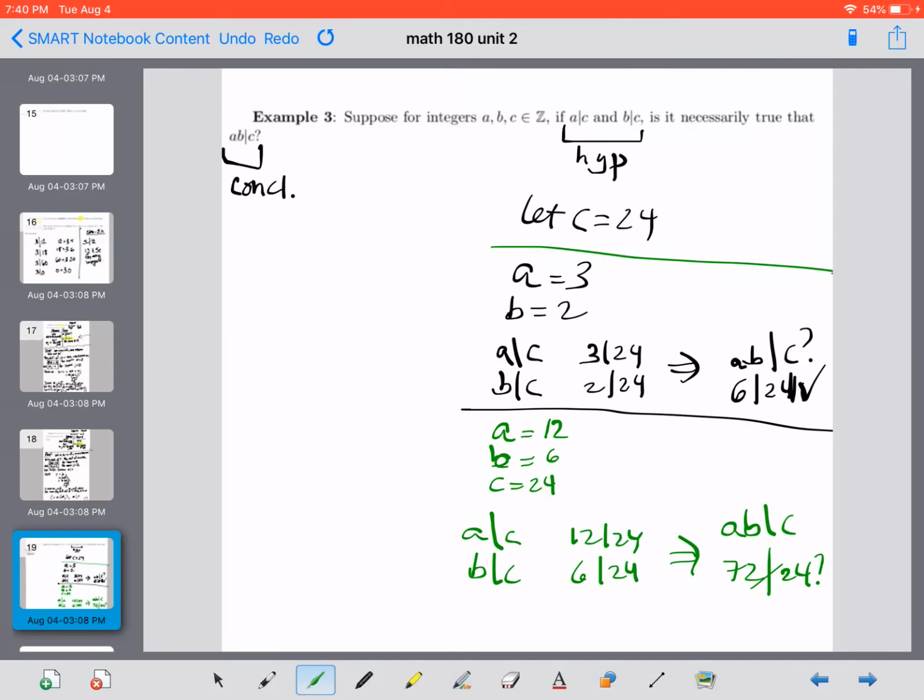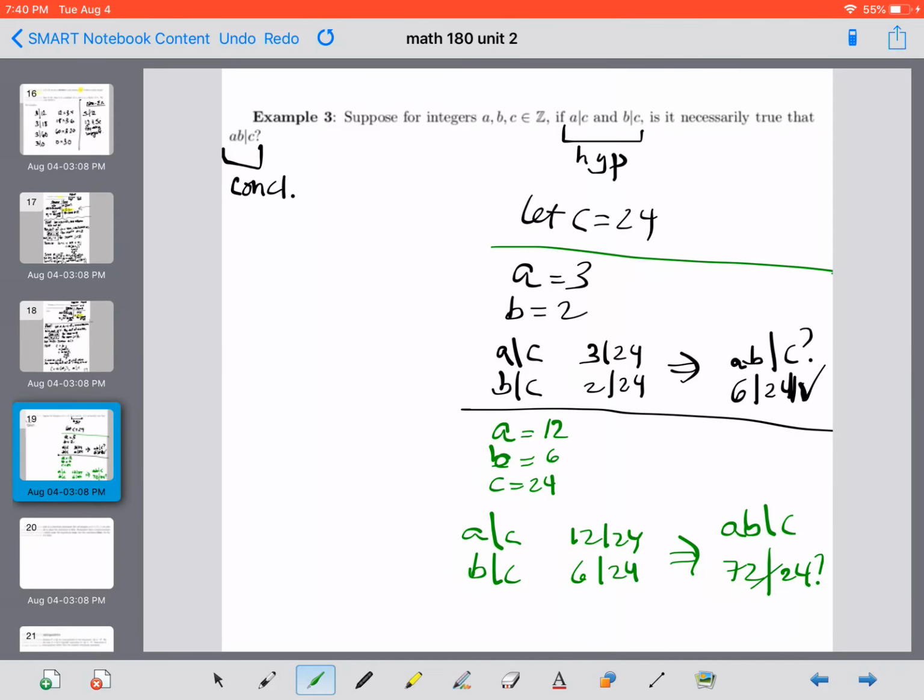And so we found an example of a, b, and c that make the hypothesis true and the conclusion false. We found another set of examples that make both of them true. So what does this mean? Is this statement true or is it false? Well, this last example is a universal statement because we're trying to show that it's true for all integers a, b, and c, so all we need is one counterexample to show that the entire statement is false.